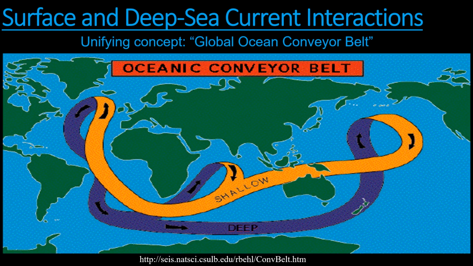So, surface and deep sea current interactions. Kind of the idea is it's this giant oceanic conveyor belt, where because of convection currents, we have shallow ocean currents and deep ocean currents that move all around the globe.